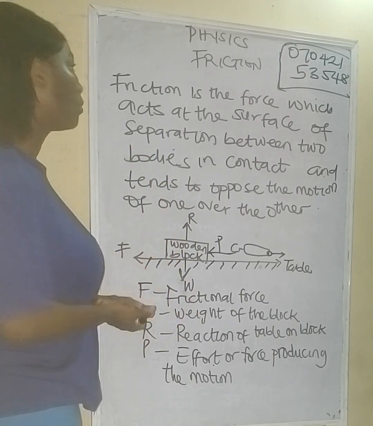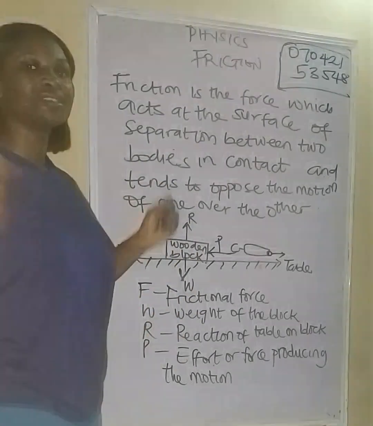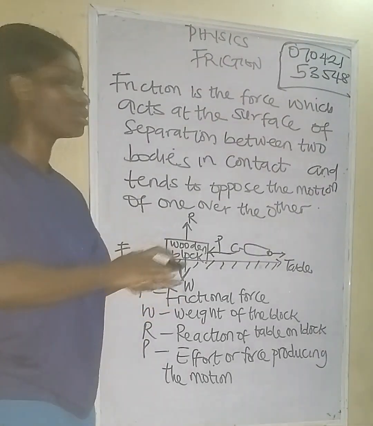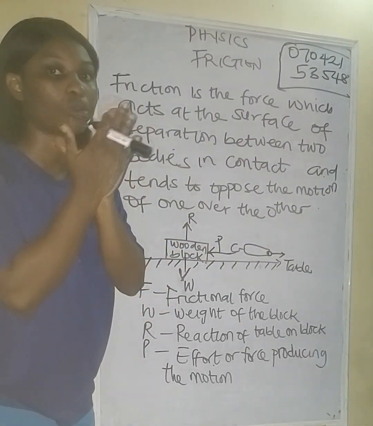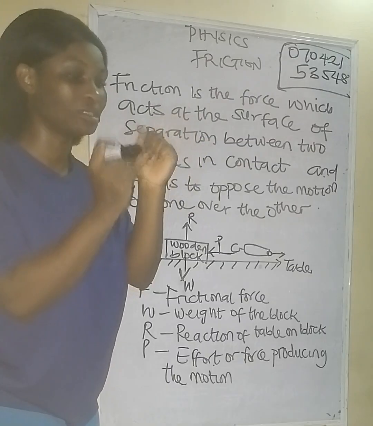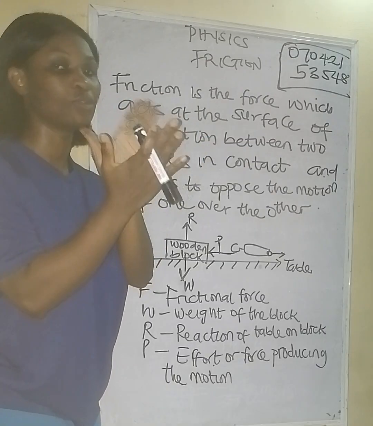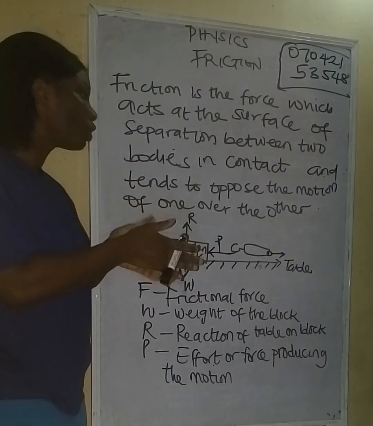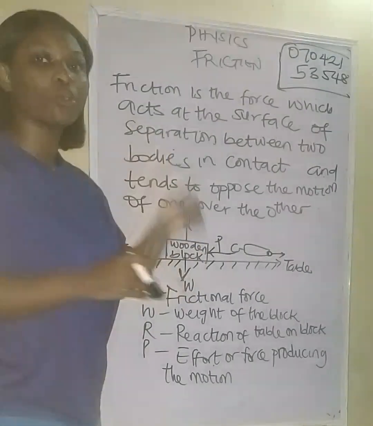Alright. So now what do we mean by friction? Friction is the force which acts at the surface of separation between two bodies in contact, like my two hands here, and tends to oppose the motion of one over the other.